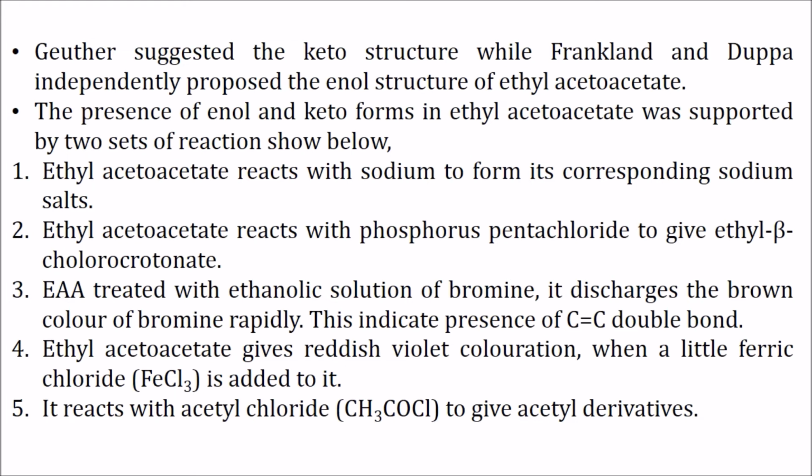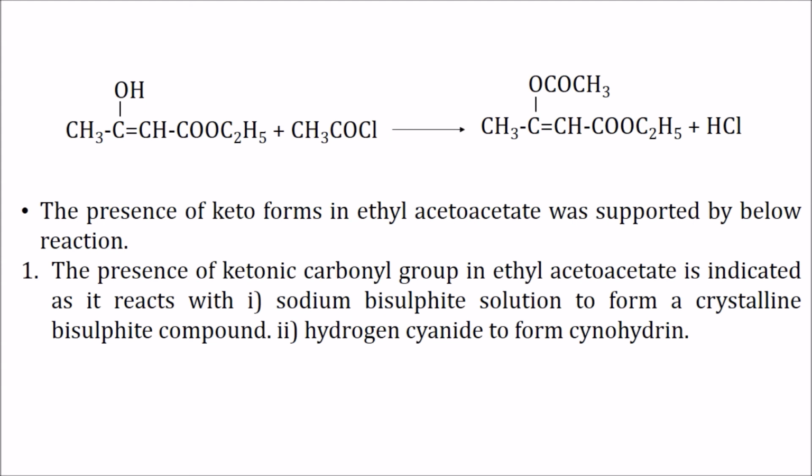Fourth, it gives a reddish violet coloration on addition of a little ferric chloride. And last, it reacts with acetyl chloride to give the acetyl derivative, and this reaction is shown in the slide.